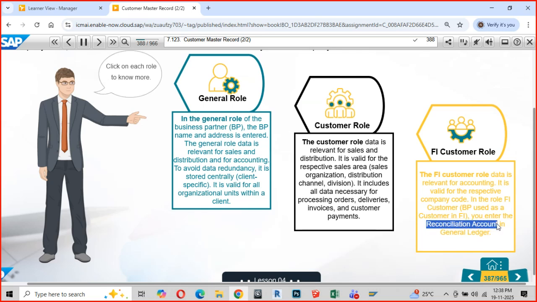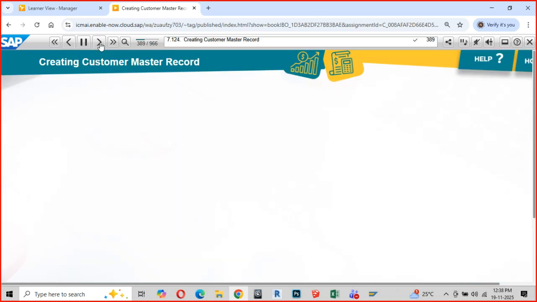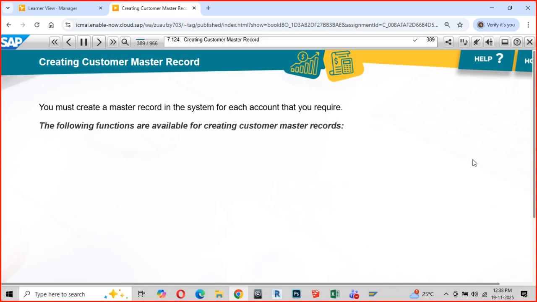Your FI role, or your FI portion of the data as far as your vendor or customer is concerned, is never complete without this reconciliation. That you must know. If you are asked a basic question like, what are the different views of a vendor or customer master data?